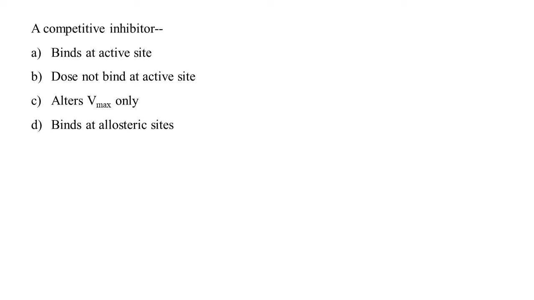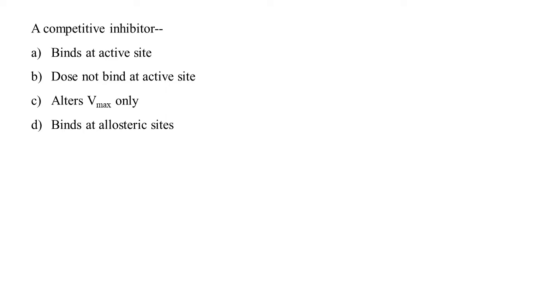A competitive inhibitor. There are four options given. Which of the following statements justifies the character of a competitive inhibitor? As the word competitive suggests, the inhibitor is going to compete. Compete with whom?